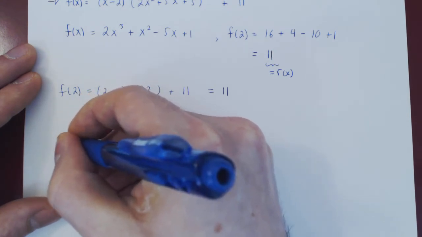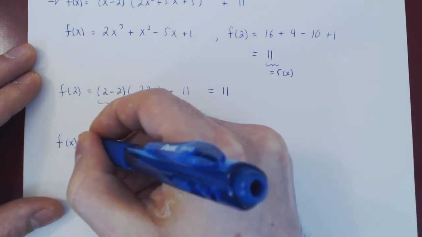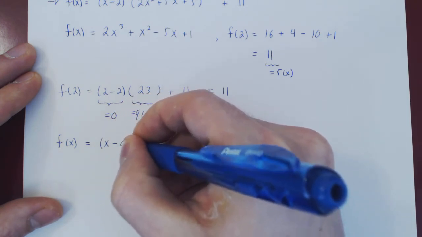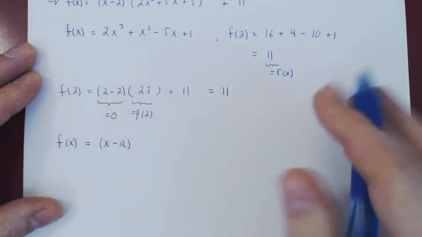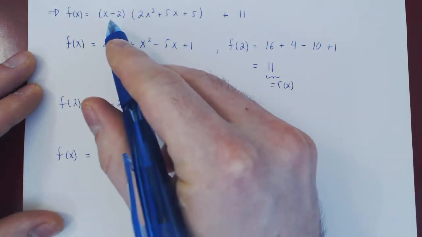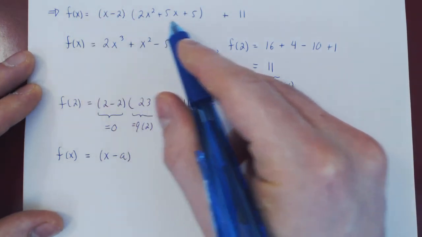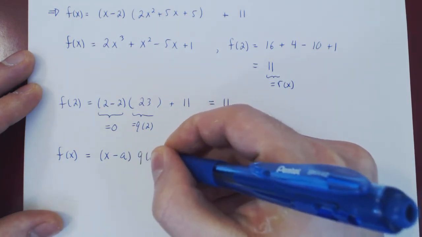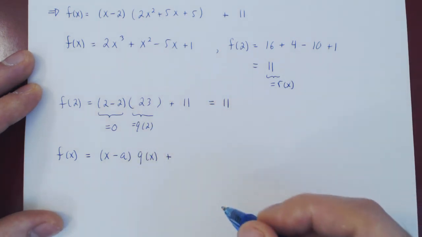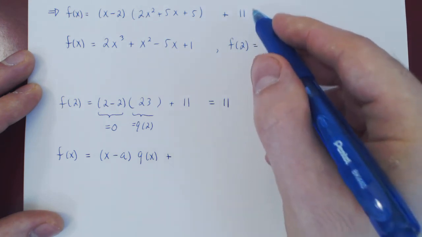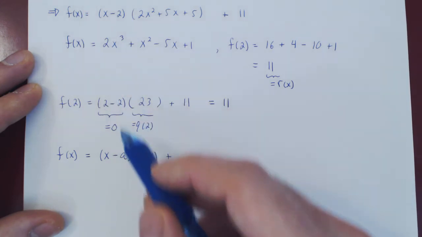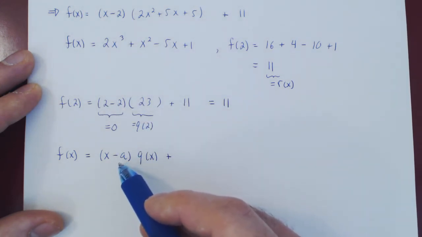If we have a polynomial f of x, and we divide this by x minus a, where a is a constant term, then what will we get? We'll have the divisor times the quotient, some other polynomial, say q of x, plus our remainder. And you ask, well, what do we know about this remainder? We are dividing by a linear polynomial, so degree 1 polynomial.